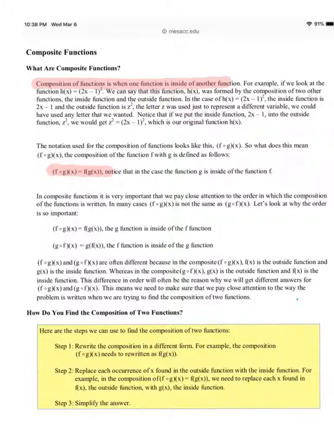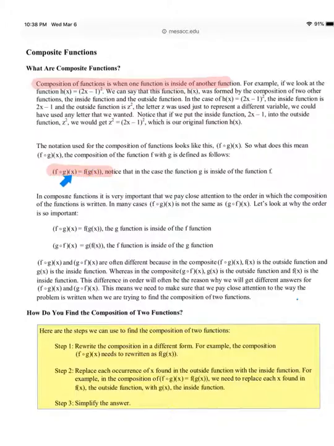I'll give you a couple examples on the other slide, but if it says F with a little circle and G and then the X, that is the same thing as evaluating G of X and then taking the function F of that answer.